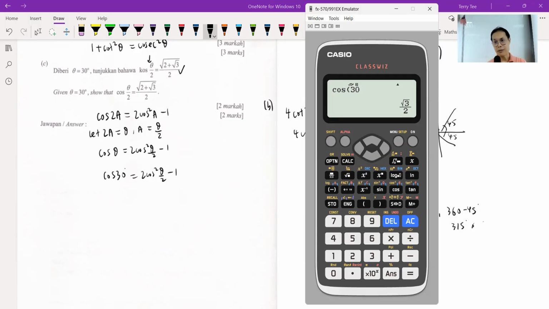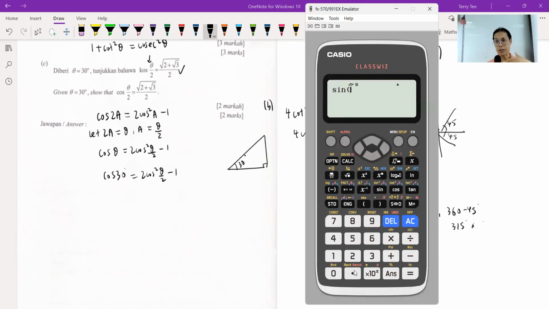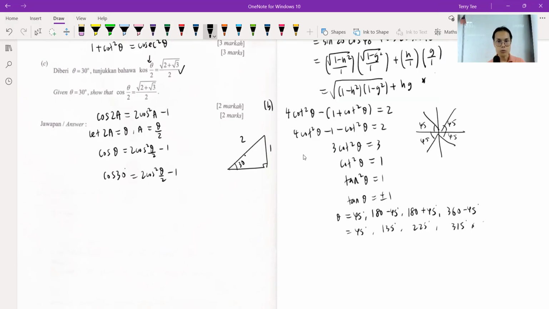It's not very difficult, because if you just remember sine 30, you can find the rest. Even if you use the older version calculator, 350 or 570, you still get sine 30 as half. That means this is 1, this is 2, this is root 3. Then I can just read cos 30 from here, which is root 3 over 2. 2 cos squared theta over 2 minus 1.